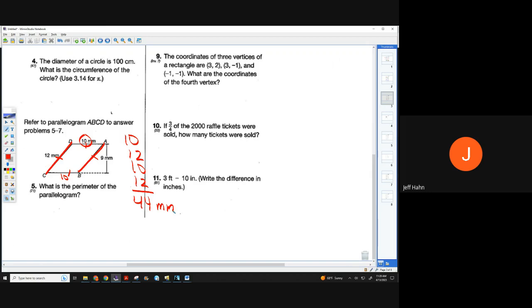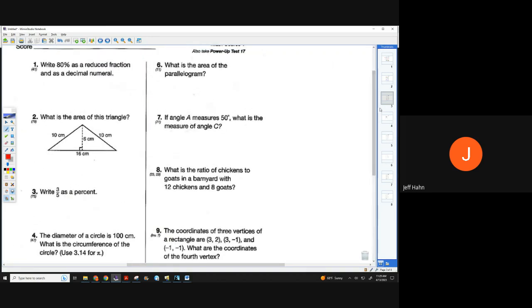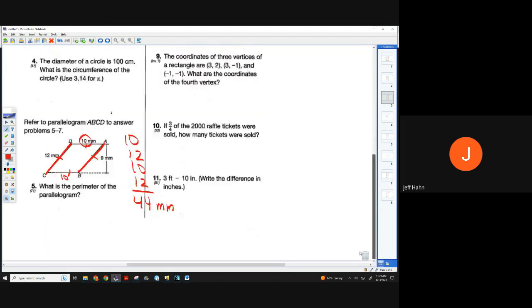number 6. And what is the formula for the area of a parallelogram? You may have to study this, but remember we talked about this. Come on, because I'm looking at this here. Number 6, the area of a parallelogram is base times height. Why do we use base times height?